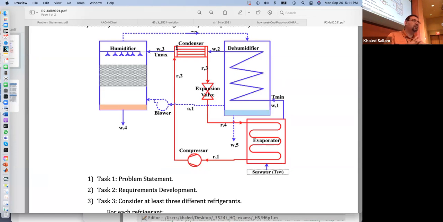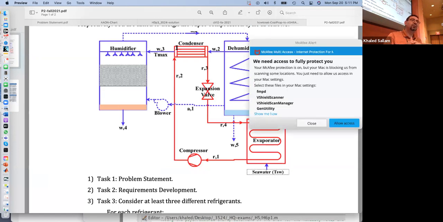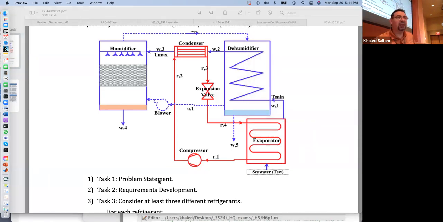Yeah, I'm not going to answer that. I want you to figure out how we're going to judge the refrigerant in this. But at least we know exactly what this cycle is doing, right? It's taking heat from here, sending it over here.